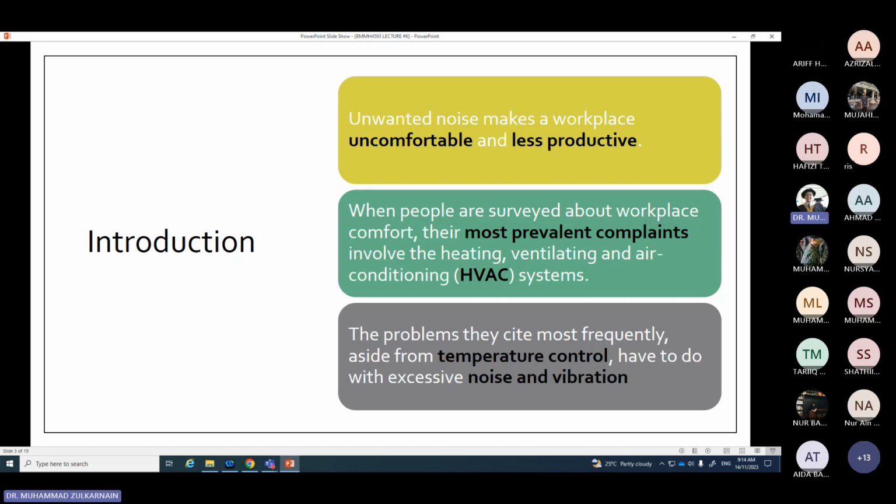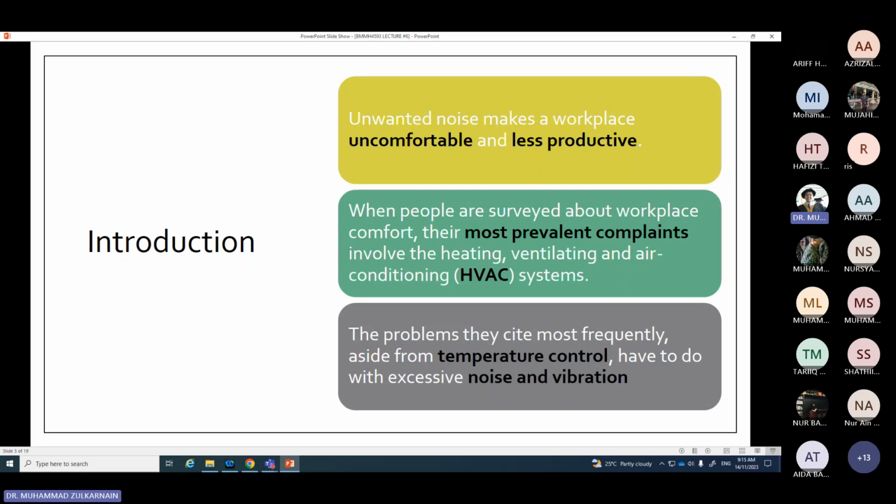So that's why we try to get the parameter for the uncomfortable condition of the worker. Today we try to understand the parameter of comfortable and uncomfortable from noise.